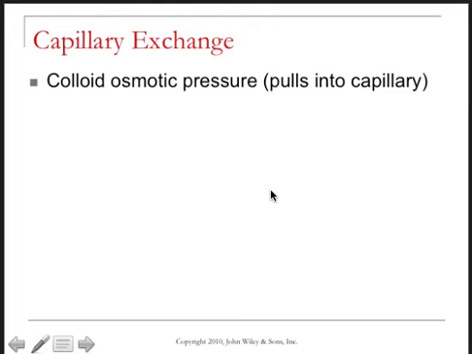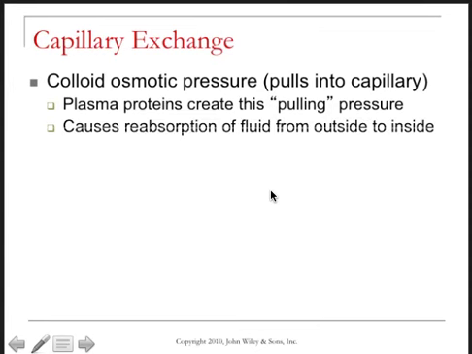Colloid osmotic pressure is that osmotic pressure that pulls fluid into the capillary. This is produced primarily in blood plasma by the large proteins that are in there, the major one being albumin. Serum albumin is a large molecule, and it doesn't diffuse easily across cell membranes or across endothelial tissue, so it tends to sit there in the blood plasma and it tends to pull water towards it.